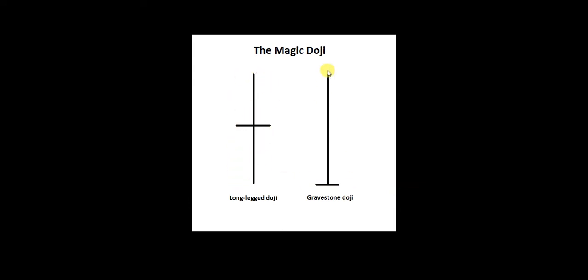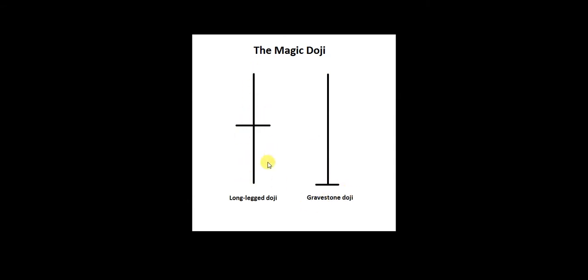We can see another type of doji, for example the gravestone doji, which doesn't have the low shadow, just the high shadow. In the gravestone doji, the open and close prices are the same, but the difference is that this type of candlestick doesn't have any low shadow, just a high shadow.